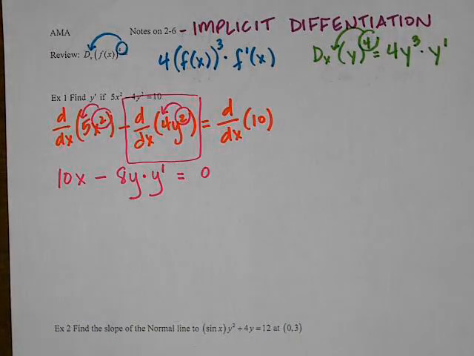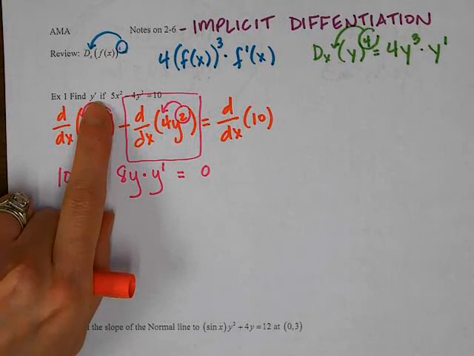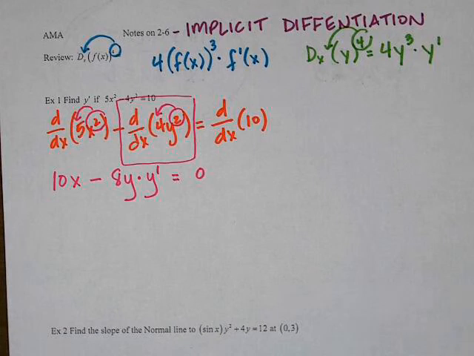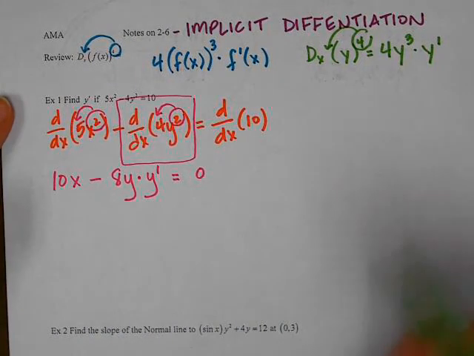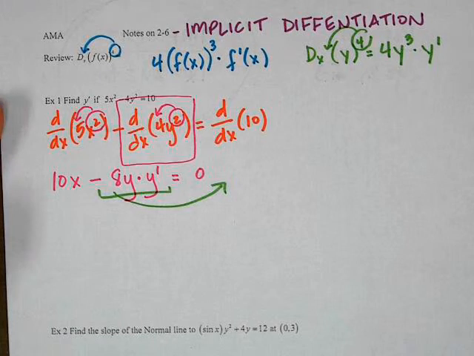Okay, so now we're trying to get y prime by itself because we're trying to solve for y prime. So now you're just going to use your awesome algebra skills to isolate the y prime. So I think I'm going to move this whole term over to the other side to make it positive.